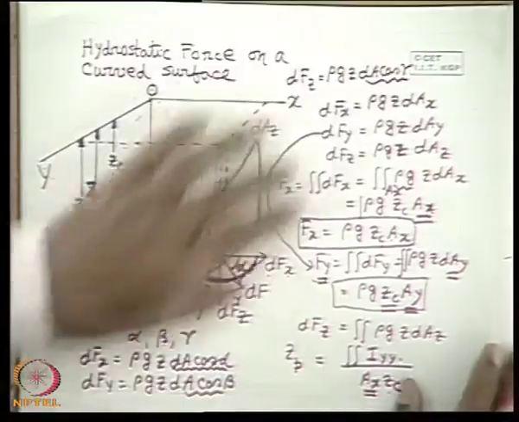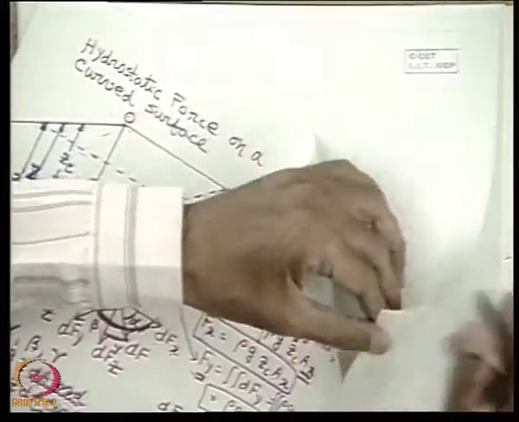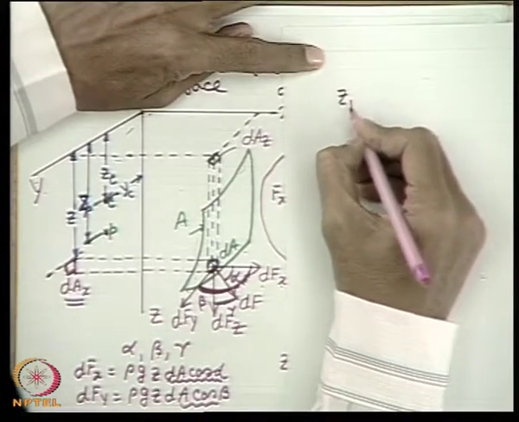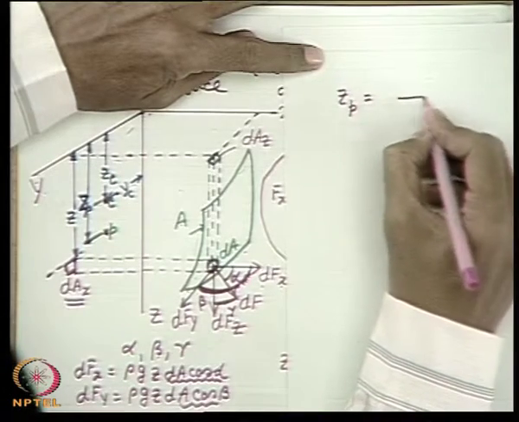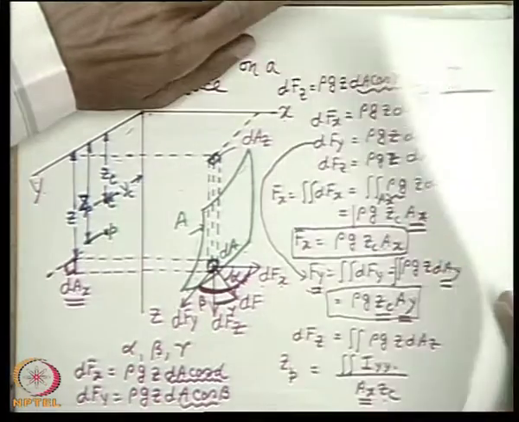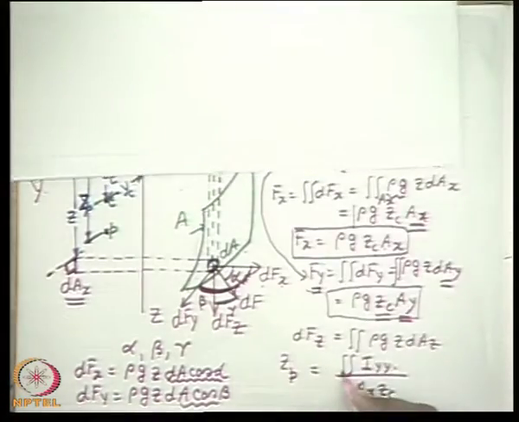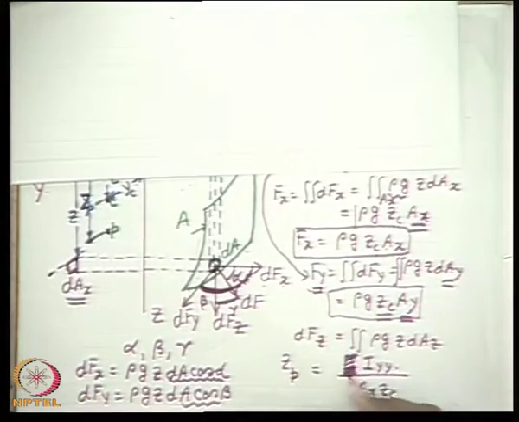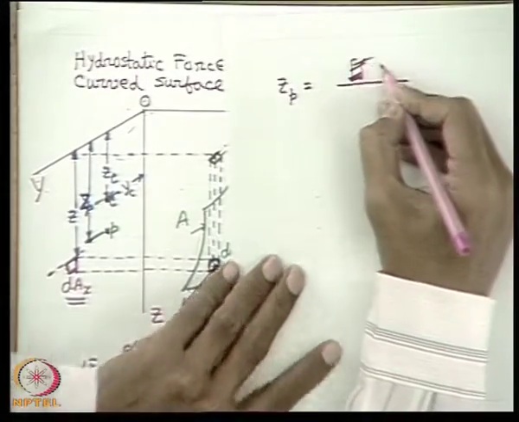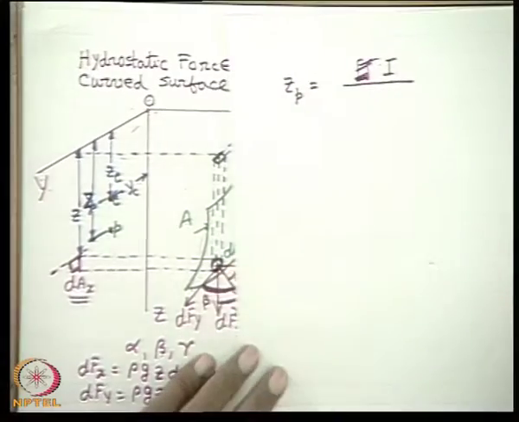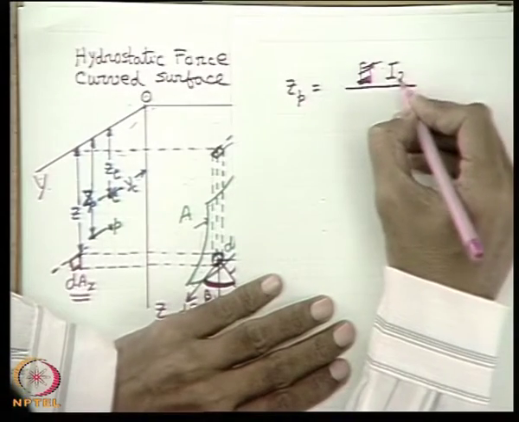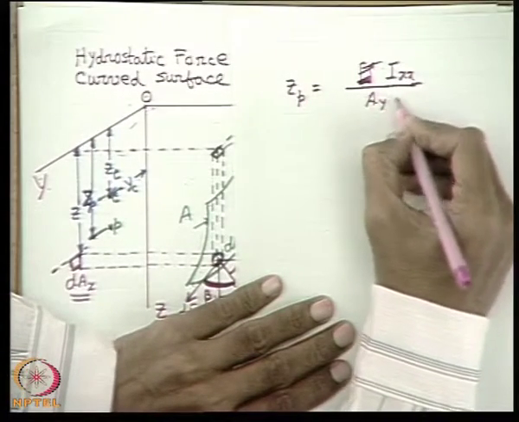So I can write, similarly, Zp, the point of application of Fy, as Ixx of the area Ay times the Zc.